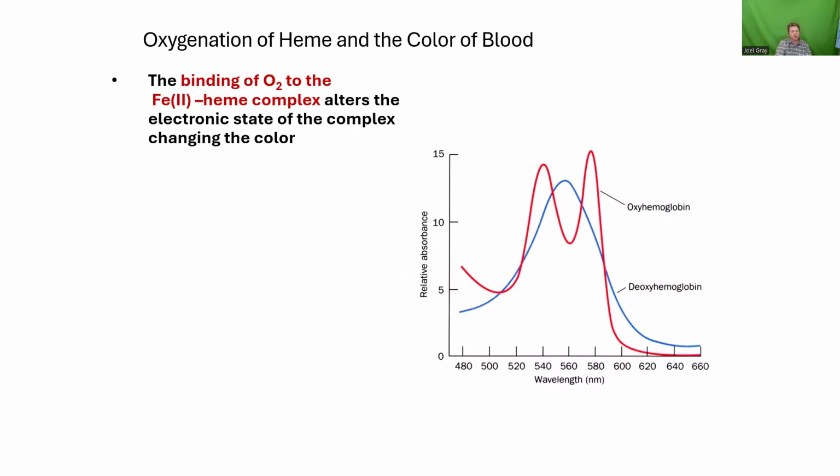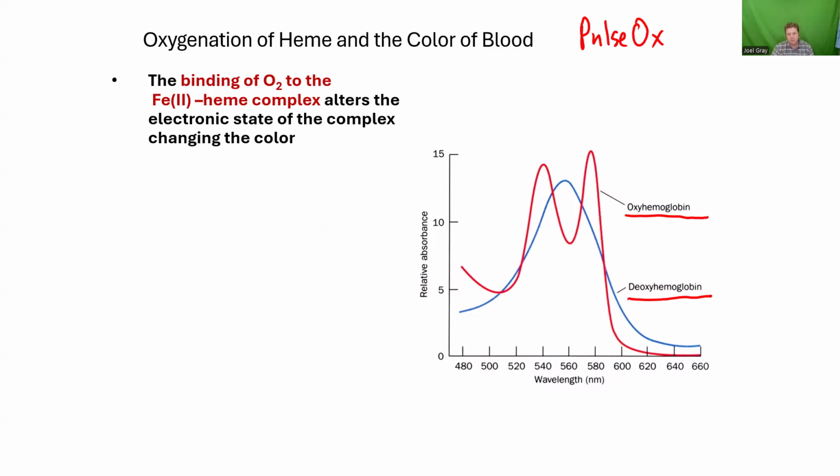If you ever go to an emergency room, or even a doctor or urgent care, one of the first things they're probably going to do is put a pulse ox onto your finger. This is a pulse oximeter. It is an instrument that measures the percentage of your blood that is oxygenated compared to deoxygenated, so blood that doesn't have oxygen bound to it.